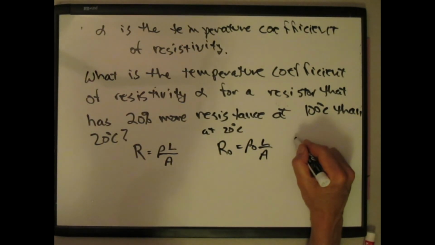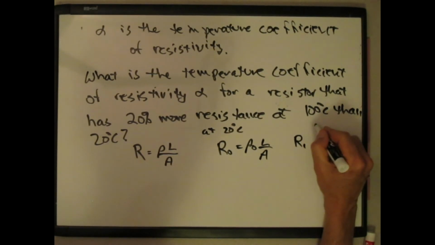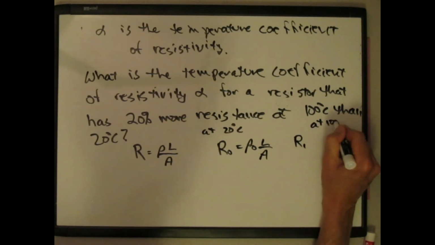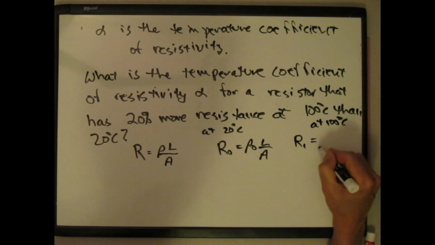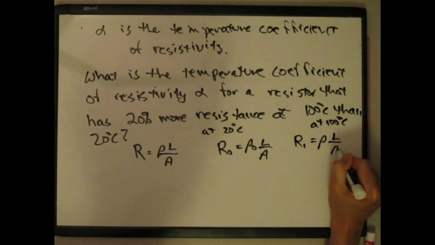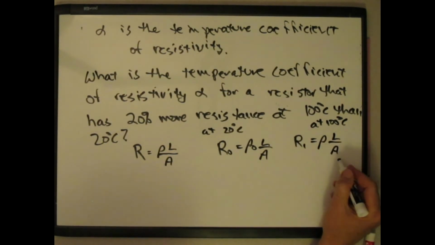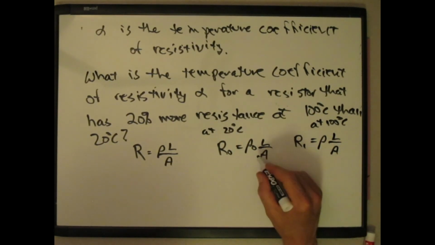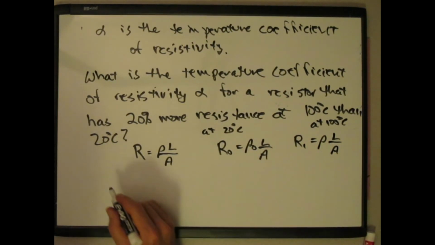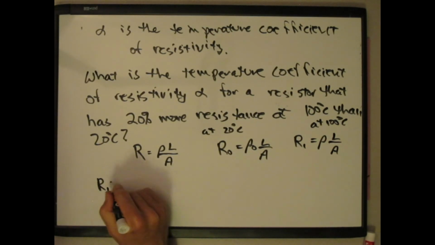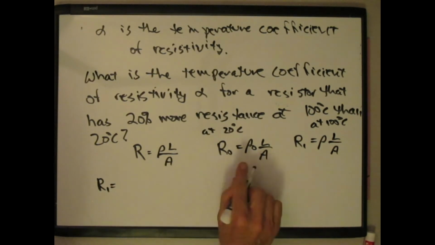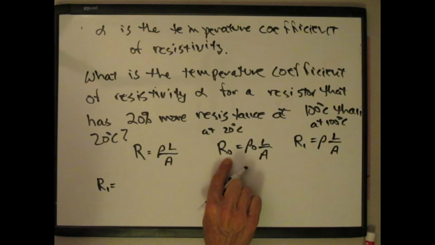And then we'll say R1, which is at 100 degrees C, is equal to rho L over A. Again, the length and the area are the same because it's the same piece of wire. What's different is this guy, right? And so we're saying, look, R1 is 20% greater than R0.